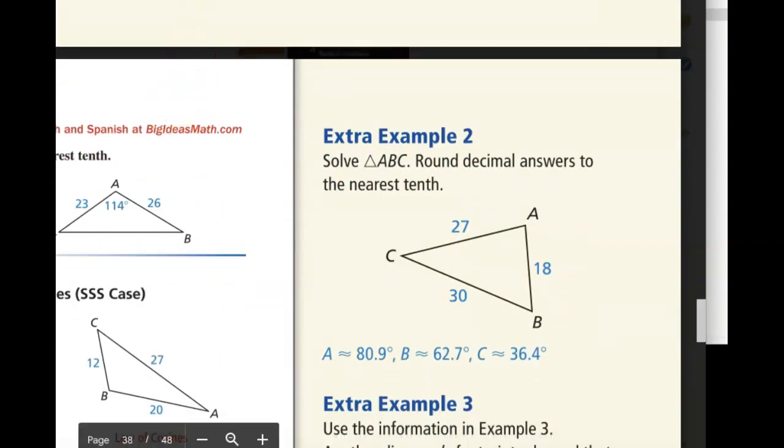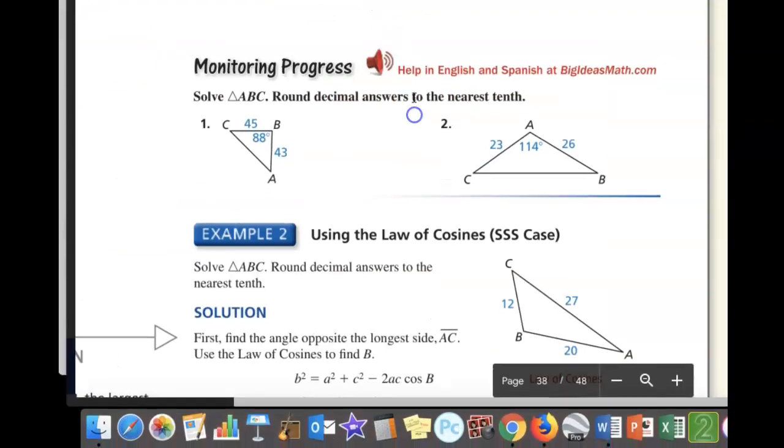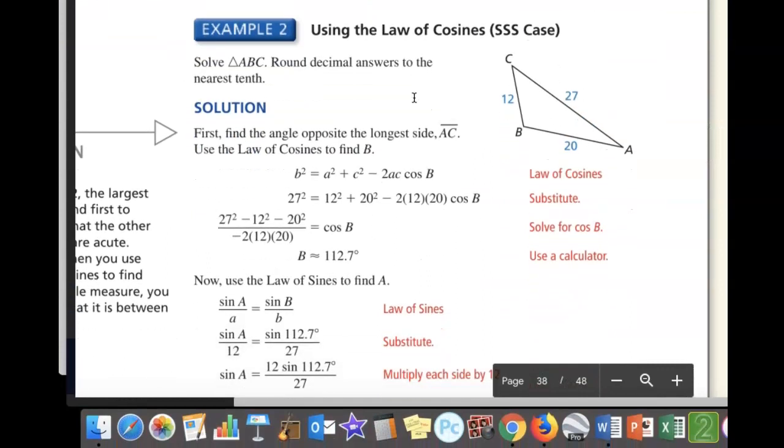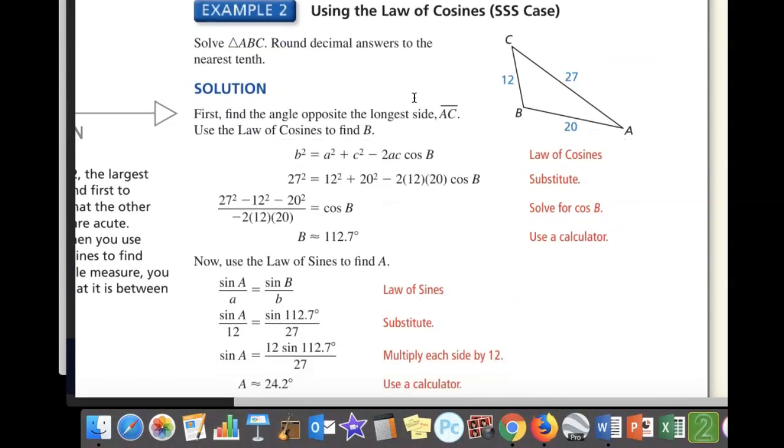And the next example is doing the same thing using the law of cosines. With the law of cosines, it helps if you start off by choosing the equation that uses your largest angle. Okay? And if you're not sure what your largest angle is, it's always going to be opposite your largest side.